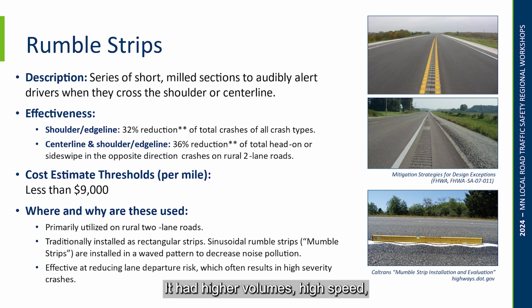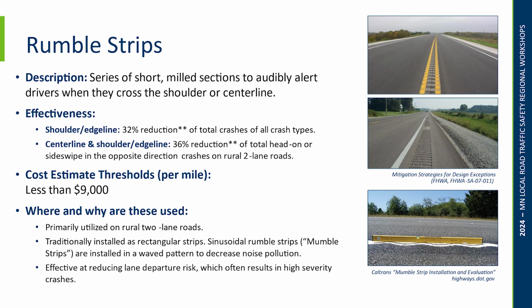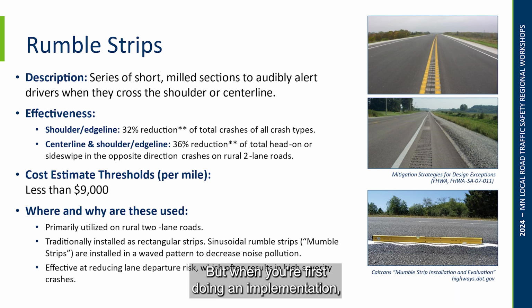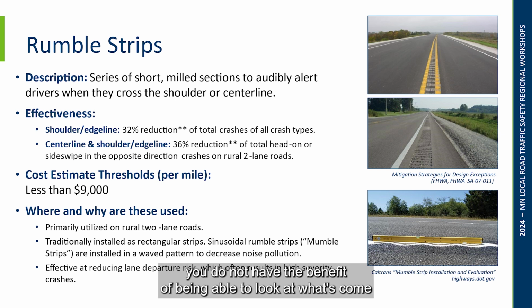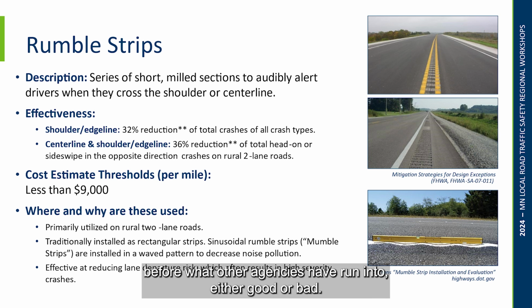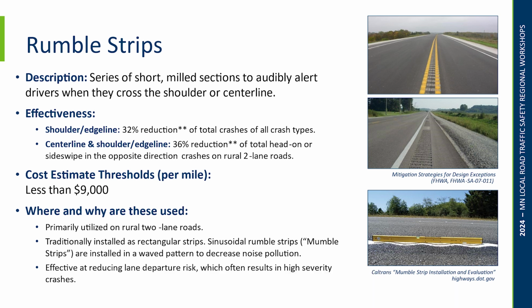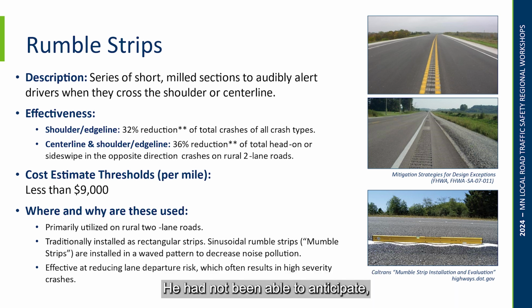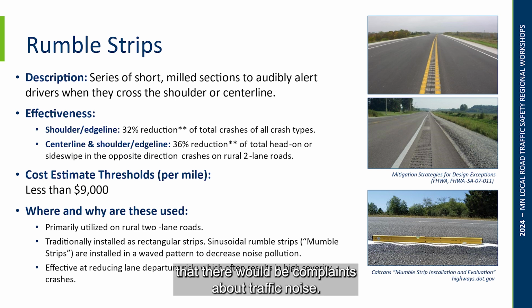It had higher volumes, high speed, a high fraction of road departure crashes. But when you're first doing an implementation, you do not have the benefit of being able to look at what's come before, what other agencies have run into, either good or bad. He had not been able to anticipate that there would be complaints about traffic noise.